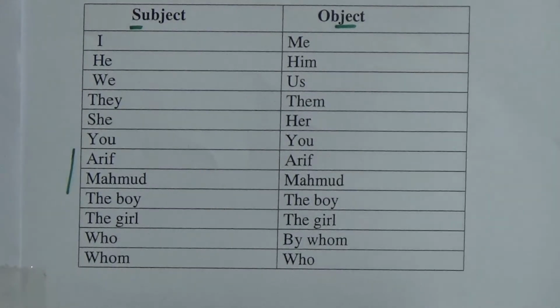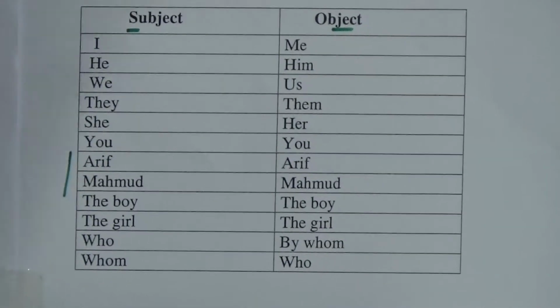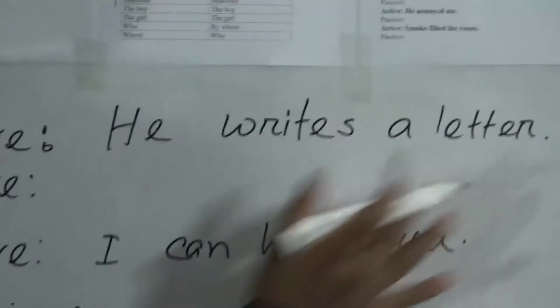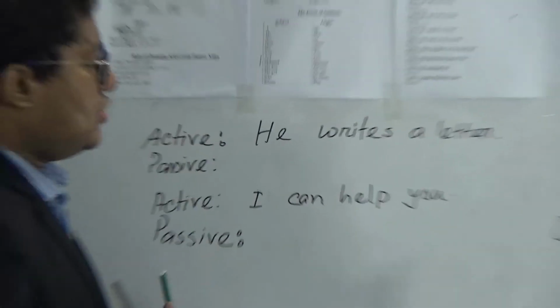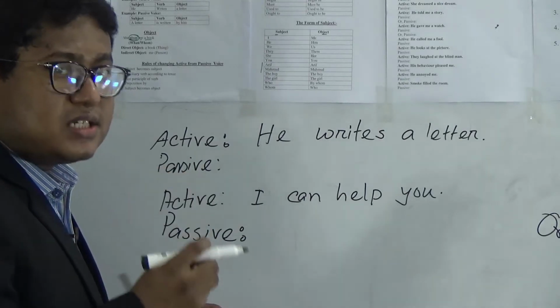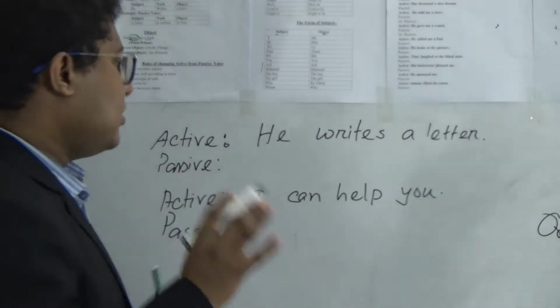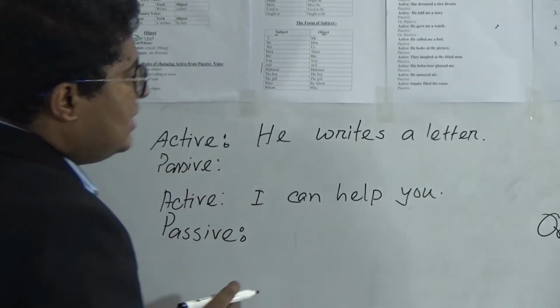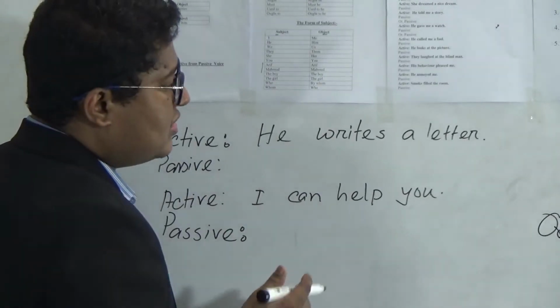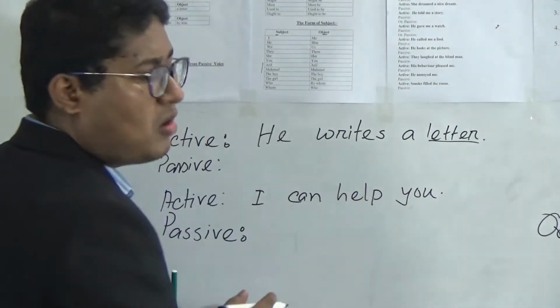So let's go to the first one. Active voice: he writes a letter. This class is very easy for those students who know the structure of tense. If you do not know the structure of tense, this class is very difficult for you. So in this sentence, he writes. What does he write? Some students say letter, not.